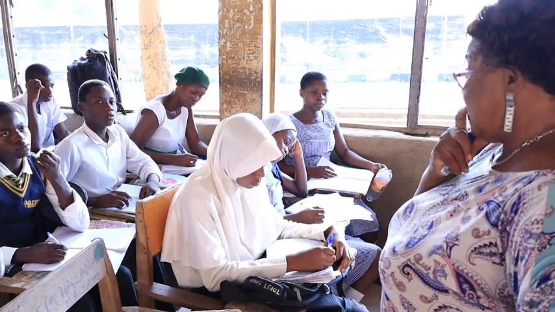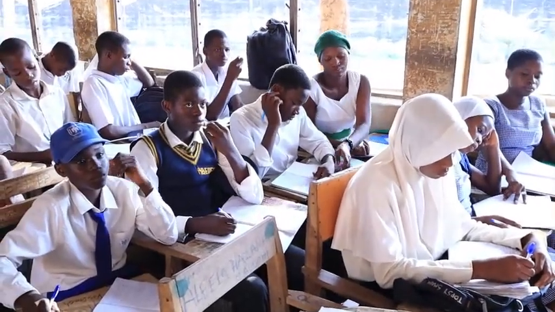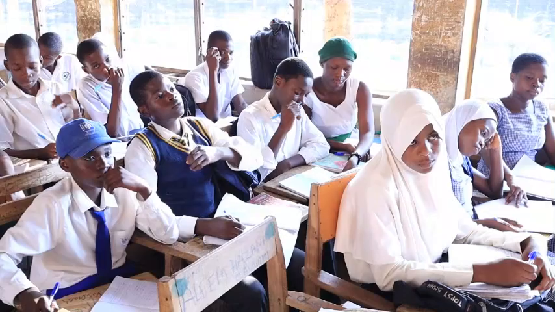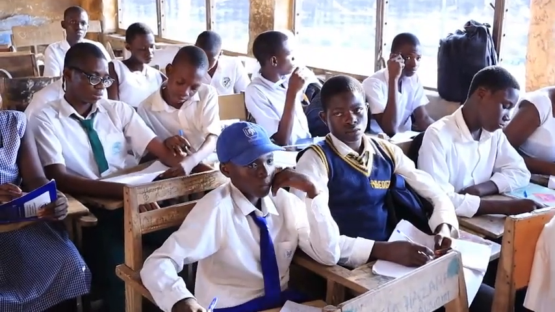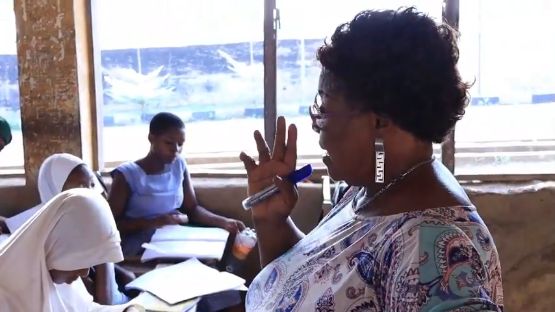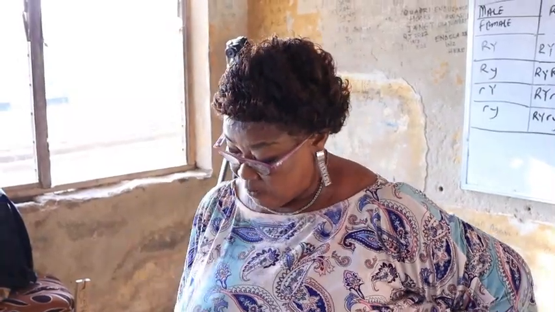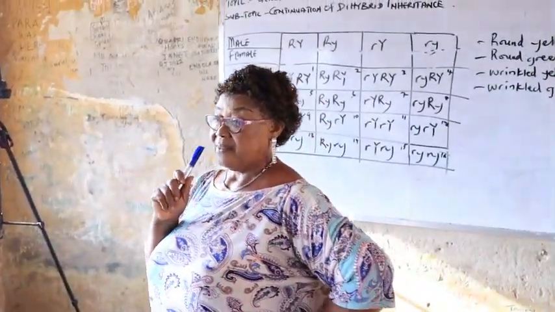Do you understand it? That is what we're trying to state here. From the Punnett square we drew, one is homozygous for both round and yellow. How many are there? One. Then another point: from the Punnett square, 2 are homozygous for both round and green.